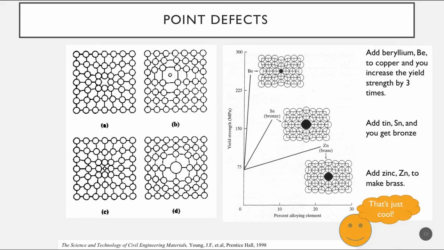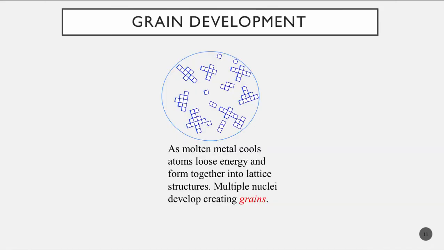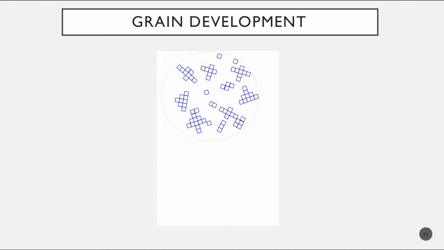All right, now the other defects, because it's not just point defects that can stop our plastic behavior and lead to strain hardening, the other main one is going to be grain boundaries. So when that molten steel is cooling, or molten metal, period, is cooling, it's going to be in a mold, and some of it will obviously be closer to air, some of it will be in the center where it might retain the heat a little bit longer, and it's going to cool at different rates, and so grains will start developing, and lattices will start developing independently of each other.